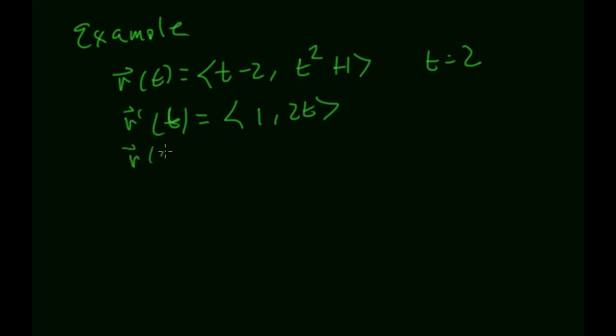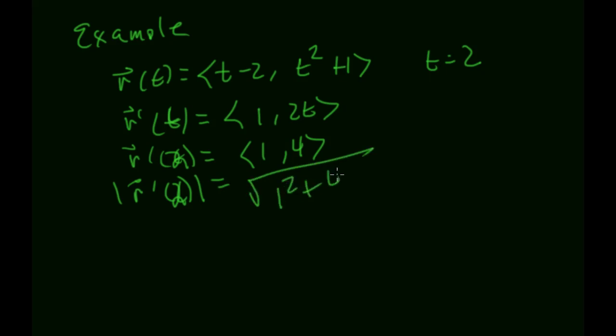So at time 2, this vector is 1, 4, right? So at time 2, every time it's going 1 to the right, it's going up 4. The speed at time 2 should be the square root of 1 squared plus 4 squared, which is the square root of 17, which is approximately 4.123.